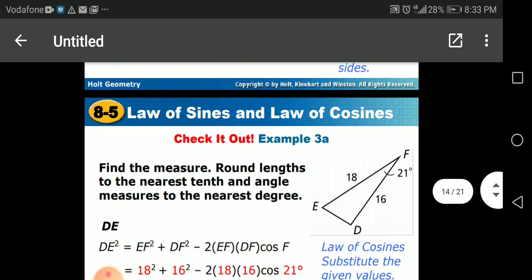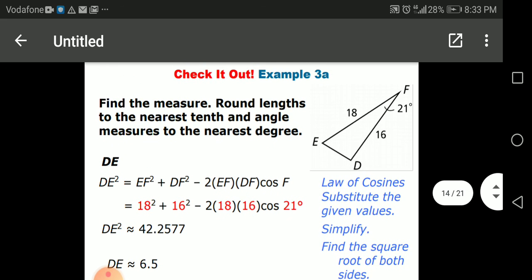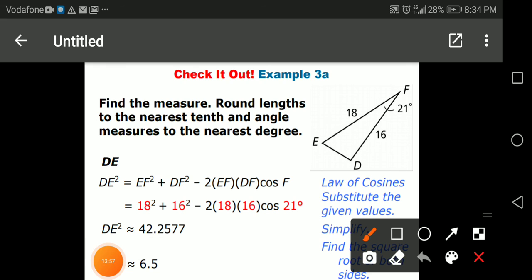Let's have another one to make sure we understood. For this one, find the measure of DE. This one gives you the included angle and two segments. How can I do it? By the cosine rule.